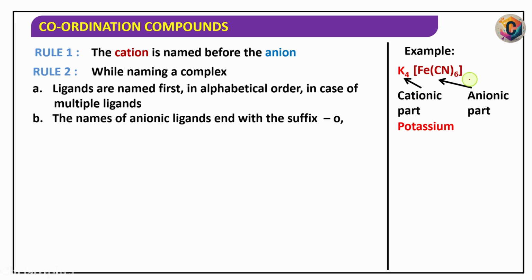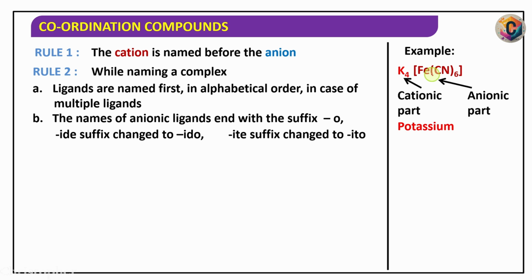When you name an anionic ligand, so here CN minus, if there is a minus charge, we call this ligand an anionic ligand. Clear? The name of an anionic ligand should end with O. So what's the name of this CN minus? It is actually cyanide.